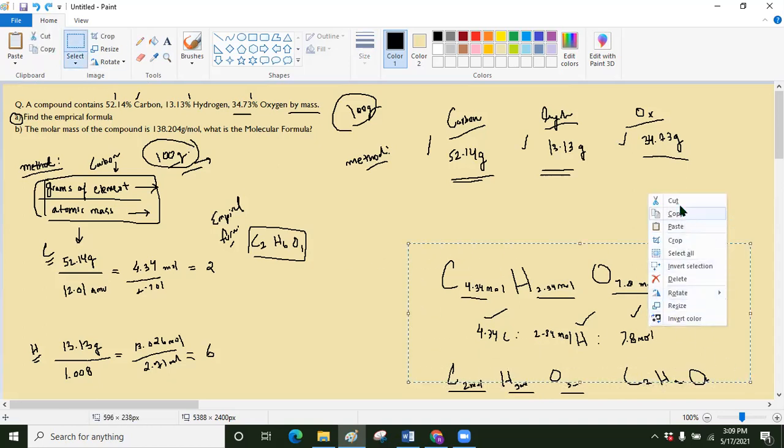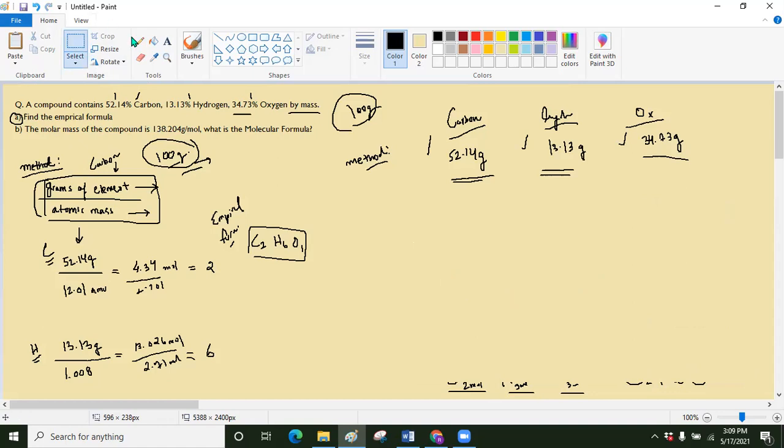So in doing so, what you would do in this case is try to find out how many atoms are in 52.14 grams of carbon. And this brings you to Avogadro's number, which is to say that if you take the atomic mass of any element and express it as grams, then that amount of grams will have 1 mole, or 6.02 times 10 to the power 23 atoms of that particular element.